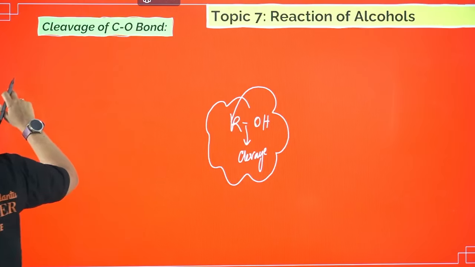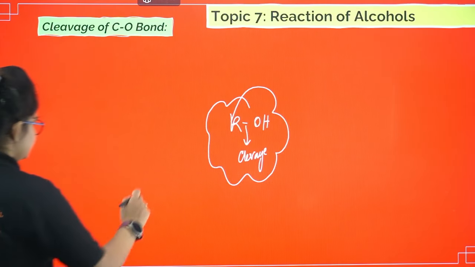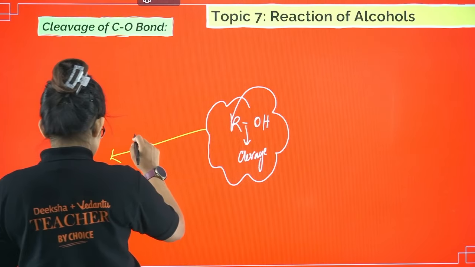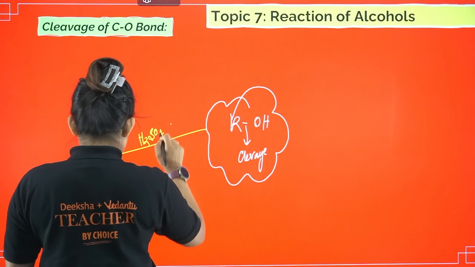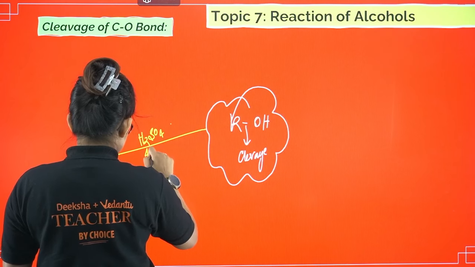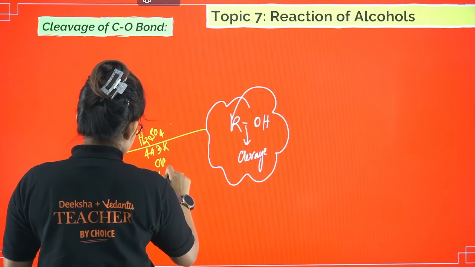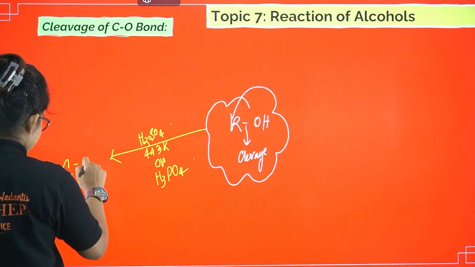First we will do dehydration. What is the reagent that we have to give? H2SO4 at 443 Kelvin, or I can give H3PO4. It will work similarly. I will end up with an alkene unit.